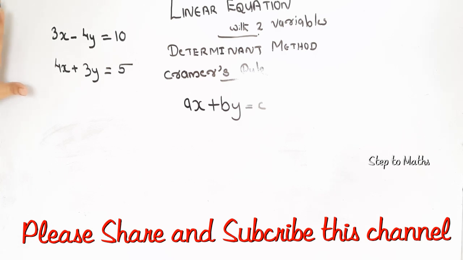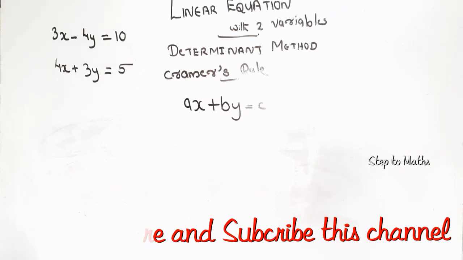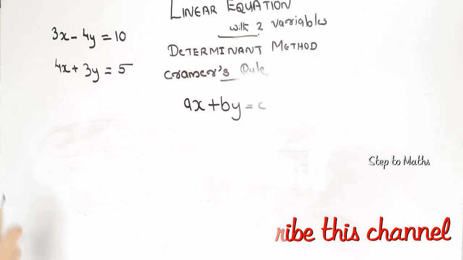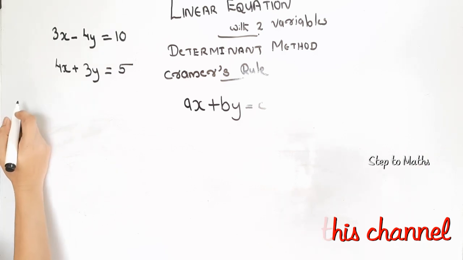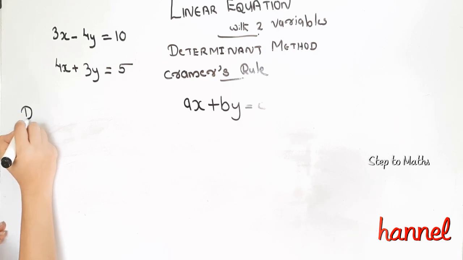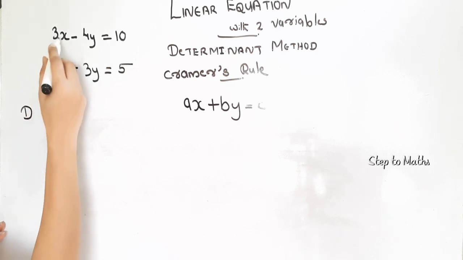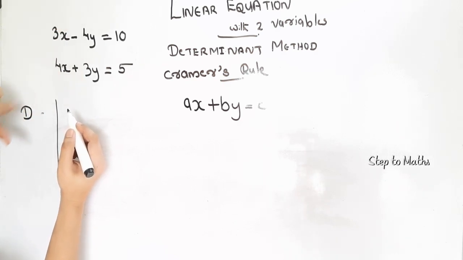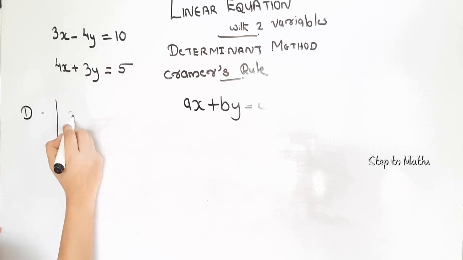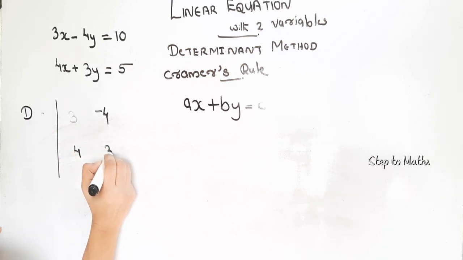Consider one example that we have to solve using Cramer's rule. The simultaneous equations are 3x minus 4y is equal to 10 and 4x plus 3y is equal to 5. Then using Cramer's rule, how can we solve this? For that we have to write the determinants. D means the coefficients of x and y from these two equations: 3, minus 4, 4, 3.